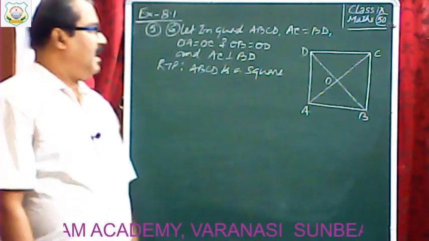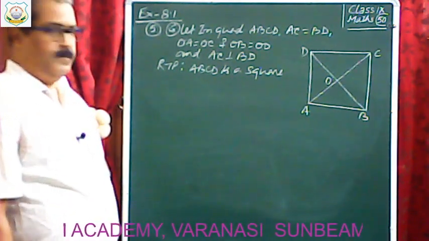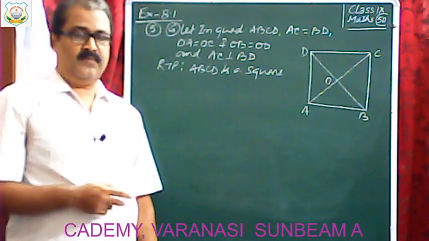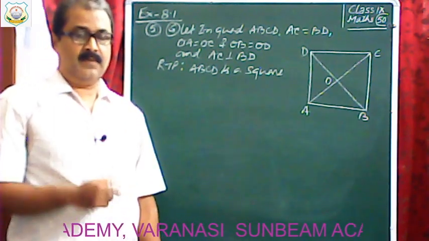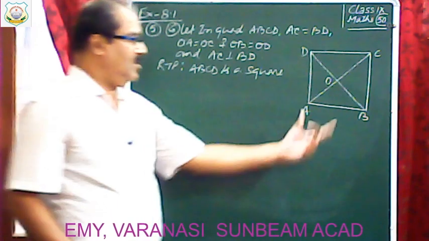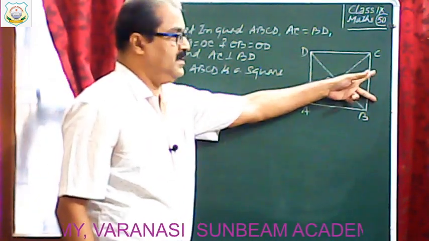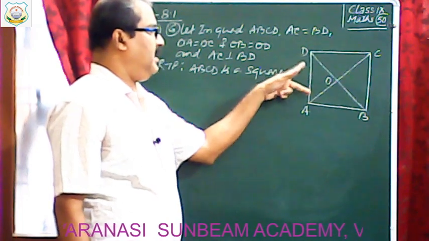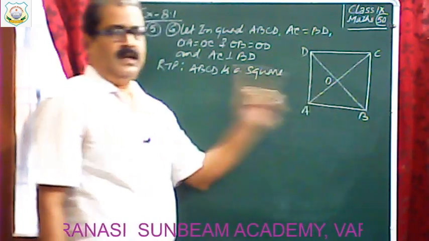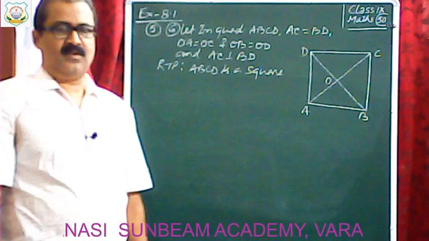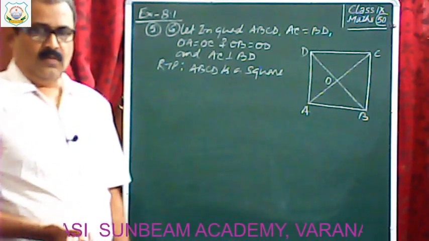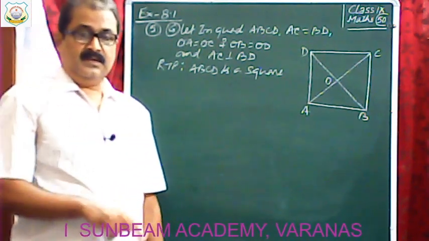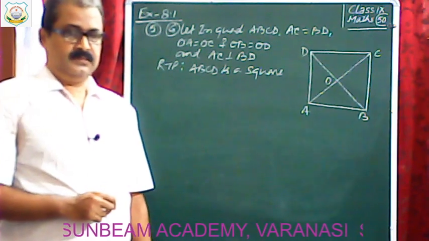Okay, and thereafter we have to prove one pair of adjacent sides of a parallelogram are equal. Means either you have to show AB equal to BC, or BC equal to CD, or CD equal to DA, or DA equal to AB. Any one pair of adjacent sides of a parallelogram are equal, then it is a rhombus.